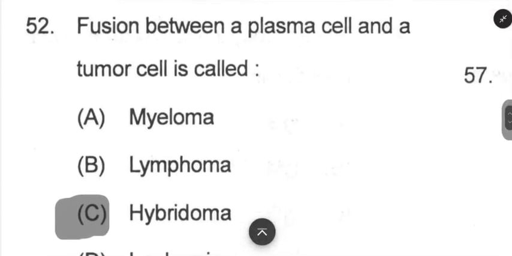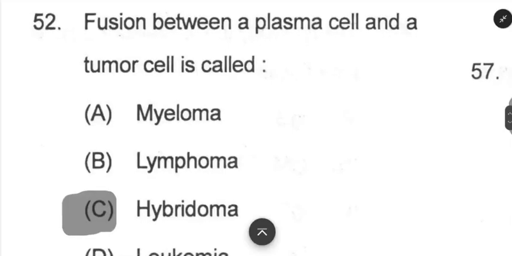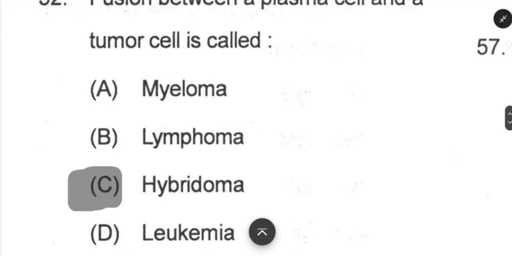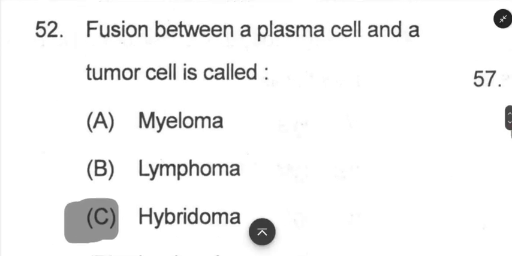Then fusion between a plasma cell and a tumor cell is called what? Hybridoma, and the technology is called hybridoma technology. We do this fusion between a plasma cell and a tumor cell because we want to get antibody. To produce monoclonal antibody, we fuse plasma cells with tumor cells.